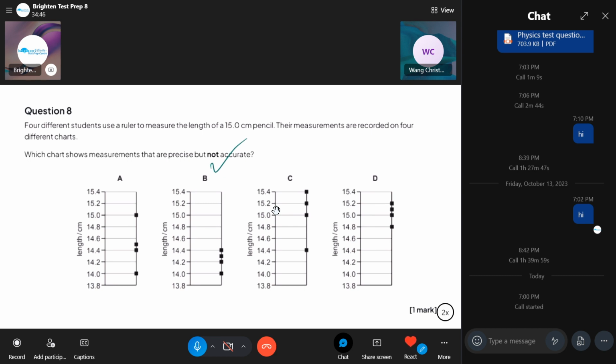Or it's maybe not shown in the same range, like 13.8 to 15.4. It may vary. So maybe this one is shown from 14.6 to 15.6. That may look different, even if the range is the same, but not the absolute value. So it's 1.6 in range, but the starting values are different.